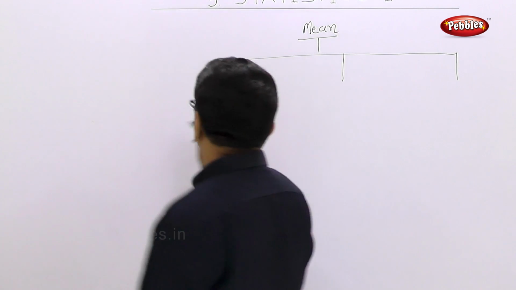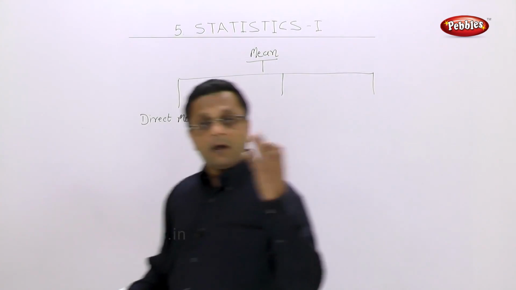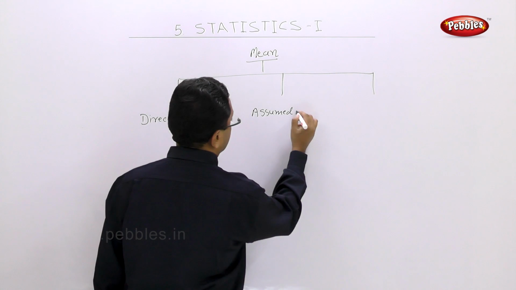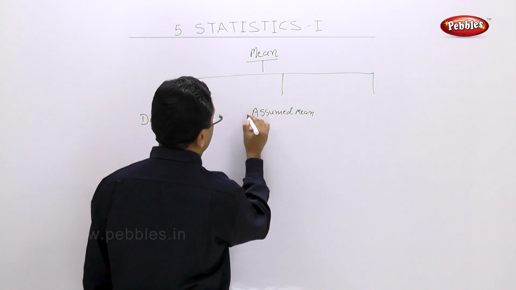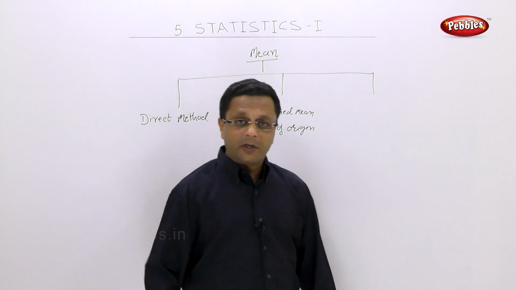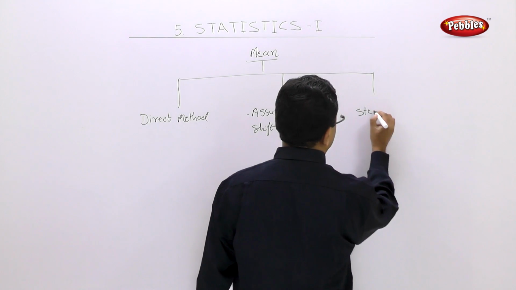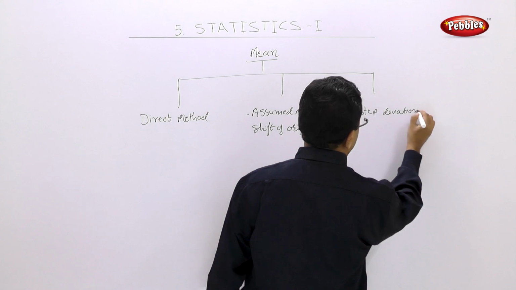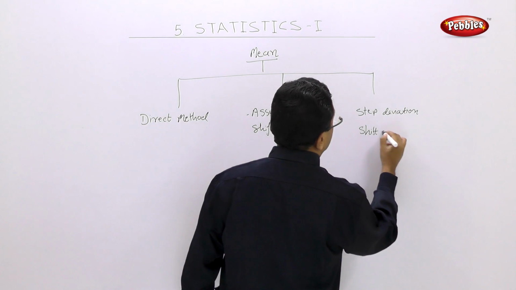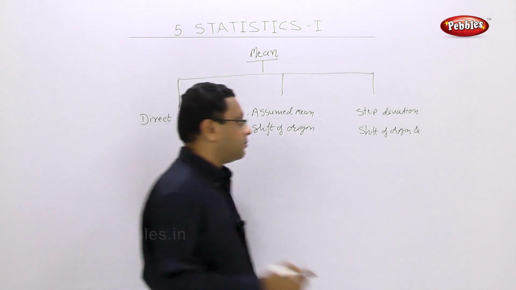The first is the direct method, the second is the assumed mean method, also called shift of origin, and the third is the step deviation method, also called shift of origin and change of scale method.